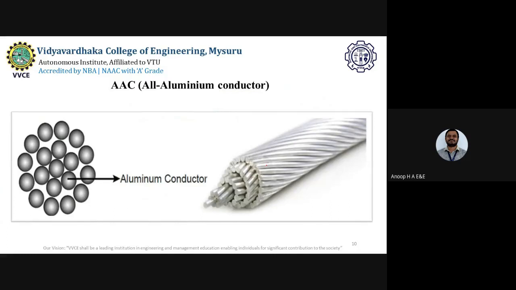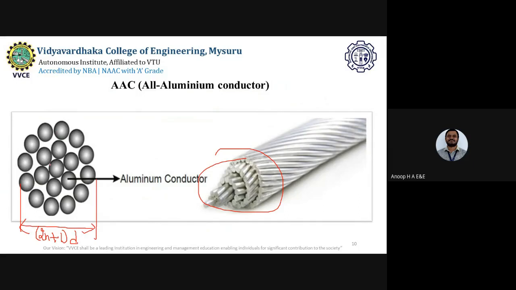What you see here are the standard conductors. This is the cross sectional view of it. Central conductor, and generally in such cases the diameter of the conductor is (2n plus 1) into d.